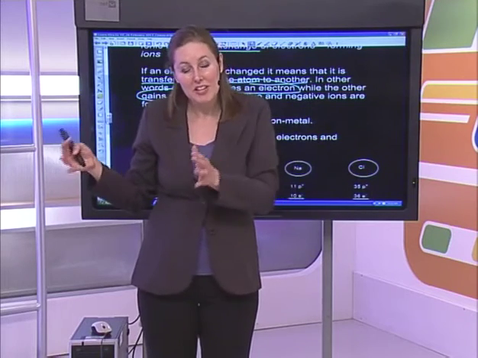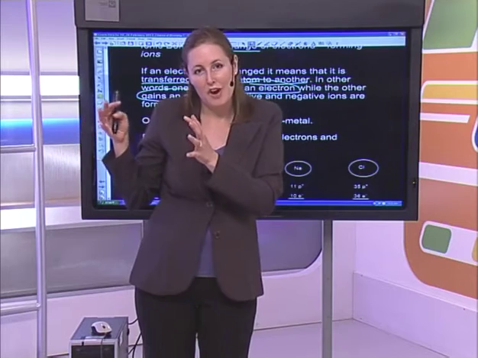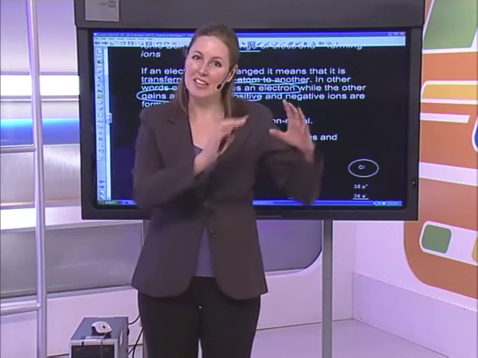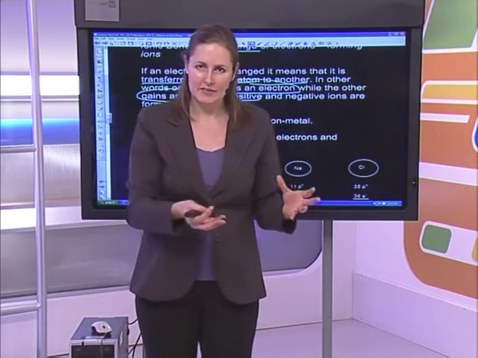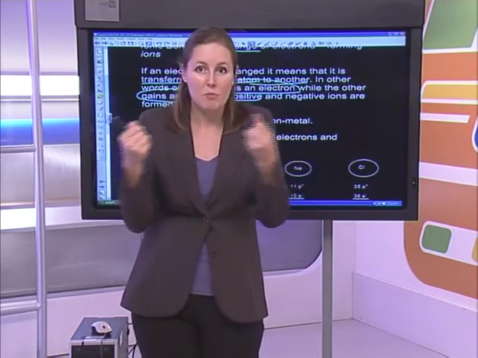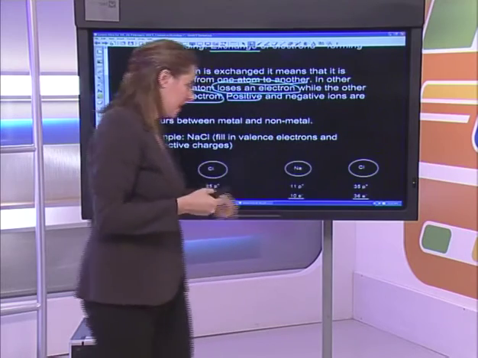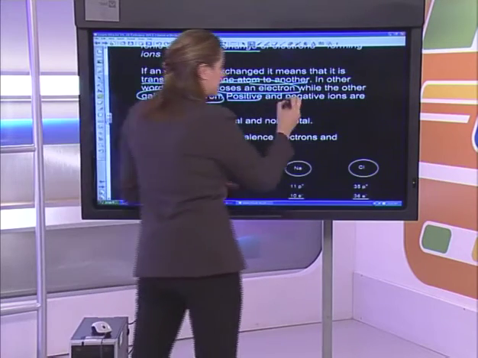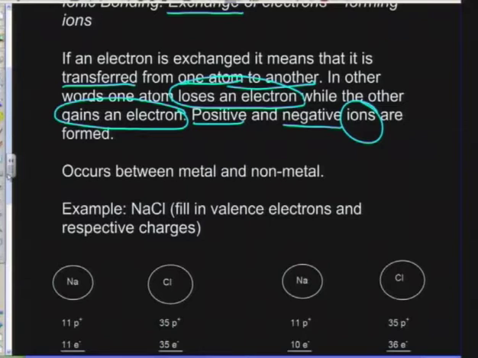Well, something is going to be left overall positive and something else would be overall negative. And what happens with positives and negatives? Well, you know, opposites attract. So there's going to be that attraction between those ions, pulling them together. Positive and negative ions are formed, and ions are anything with a charge, so a charged particle.